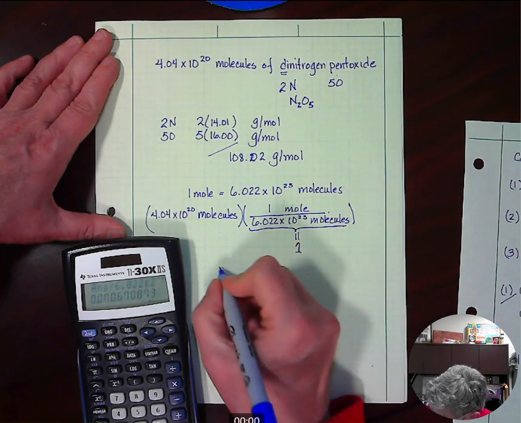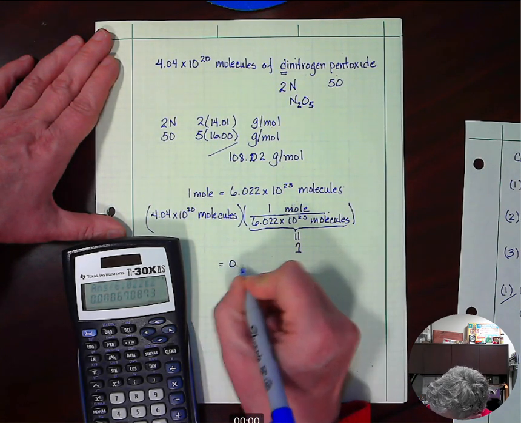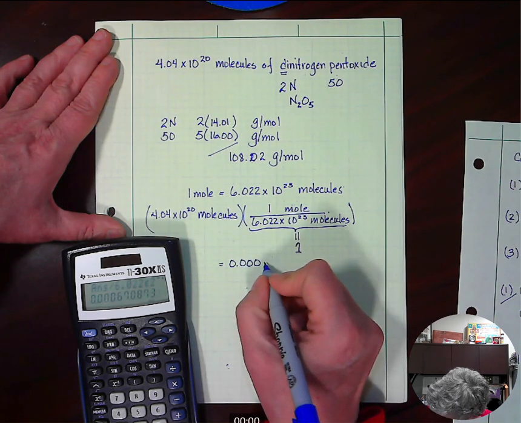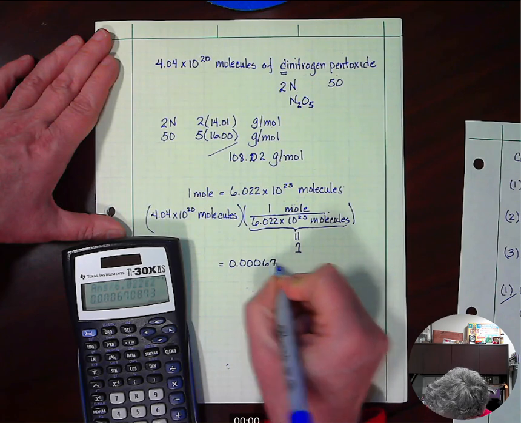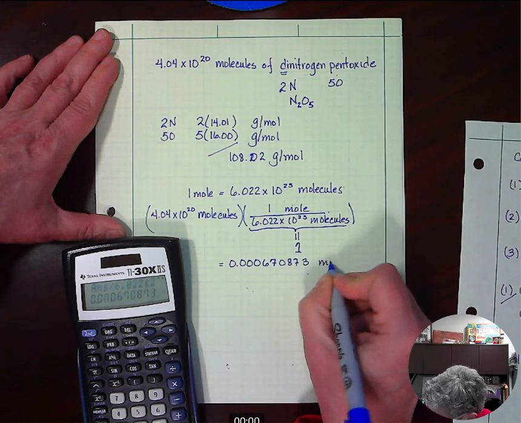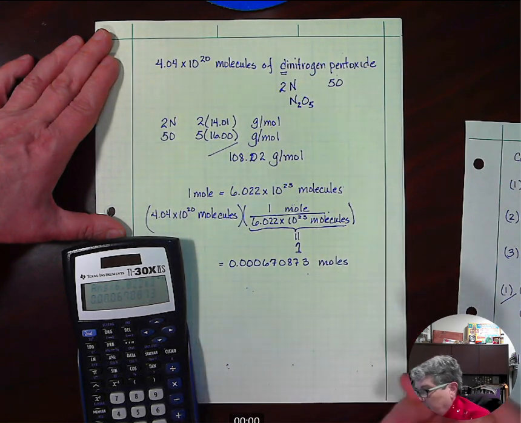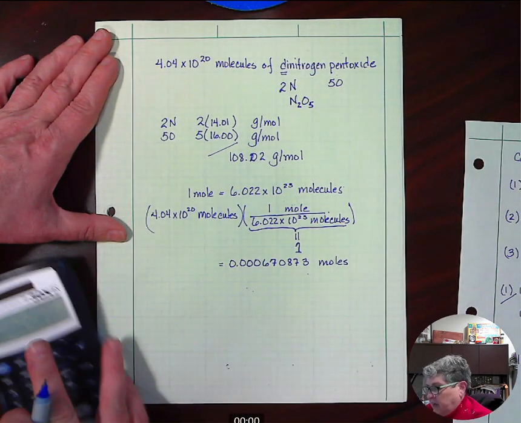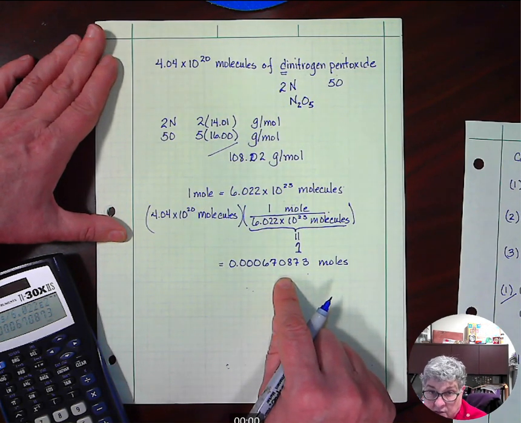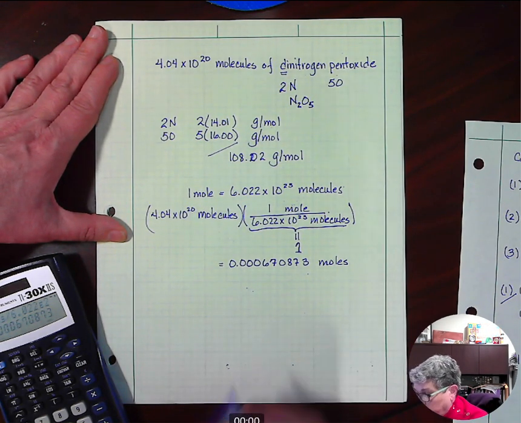And this says I'm going to end up with 0.000670873 moles. Now, of course, we're not going to be carrying all of these significant digits, but I'm going to be using it in my calculator, so I'm just going to leave it in my calculator.